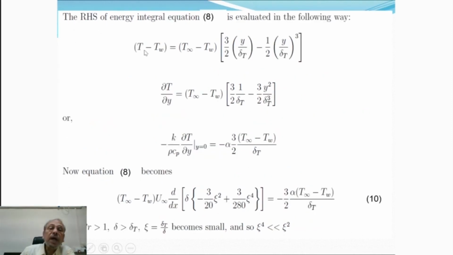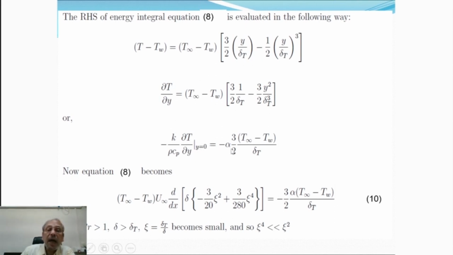Similarly, we write the full expression for T minus T infinity, which is (T infinity minus TW) into 3 by 2 multiplied by y by delta t minus half (y by delta t) cube. From here, we find del T del y, and we finally write the right hand side, minus k by rho cp del T del y at y equal to 0.